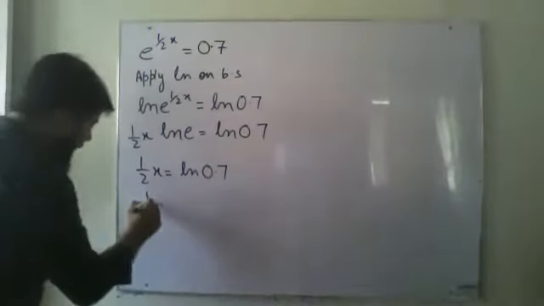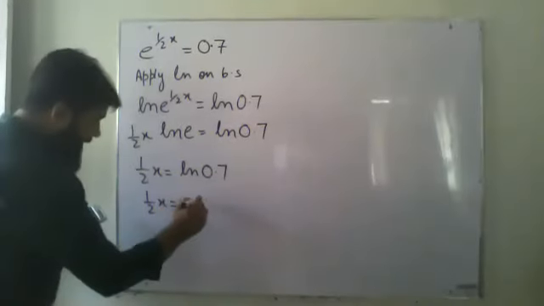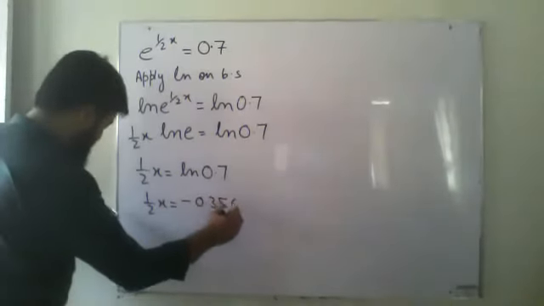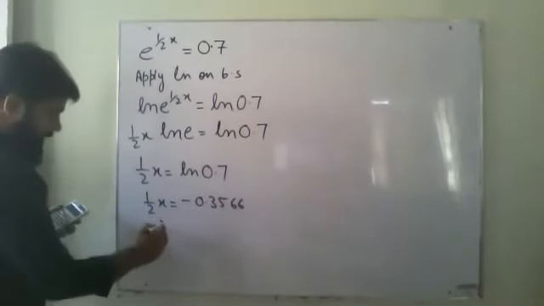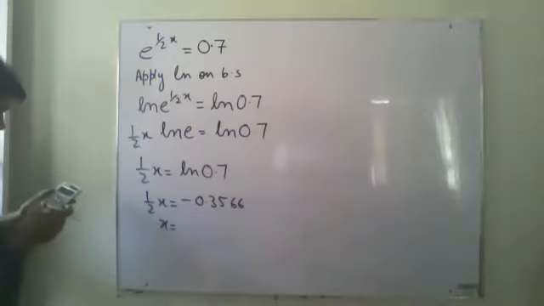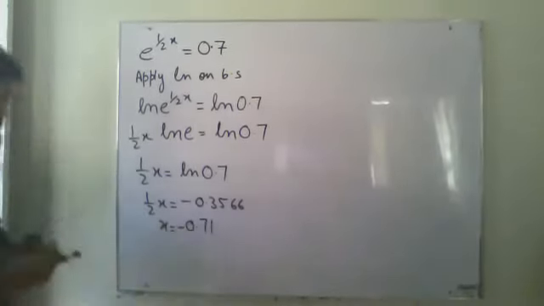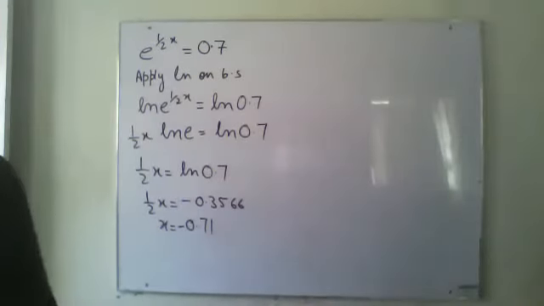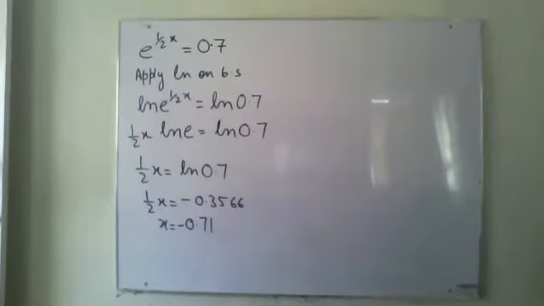So half x equals minus 0.3566, and shifting 2 to the other side, multiplying by 2, the answer is now minus 0.71. They haven't given us anything, so I have written it in 2 decimal form.